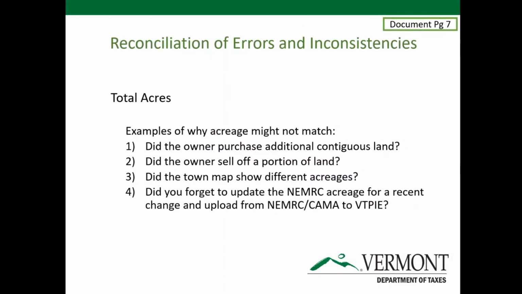We talked about why acreages might mismatch. I don't know if it's worth reviewing anything here, Christy. These are just some examples. Did the owner purchase contiguous land? Did the owner sell off land? Did the tax map show different, so you adjusted acreage based on your tax map?